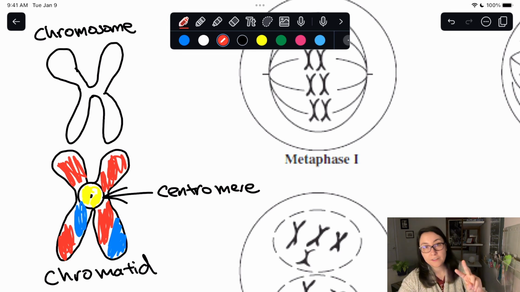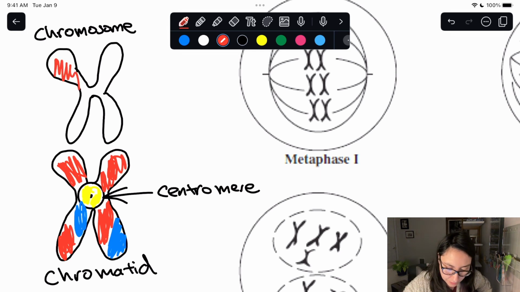There are 2 colors here that I use, versus up here where it's mostly all in red.